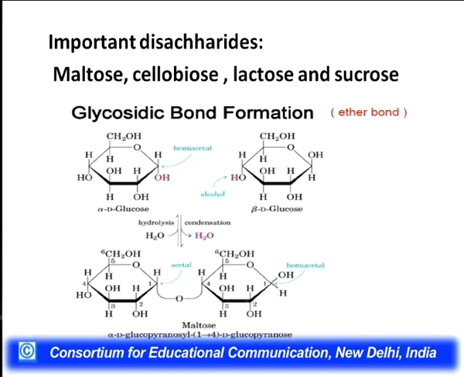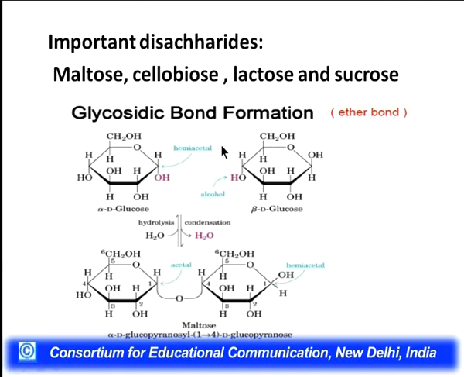If I talk of maltose, the reaction here is between the alpha D glucose and the beta D glucose. This is the beta D glucose, but this OH is acting simply as an alcohol.